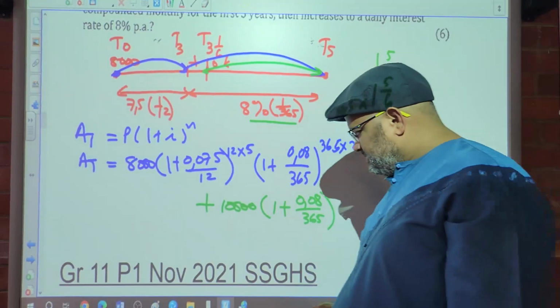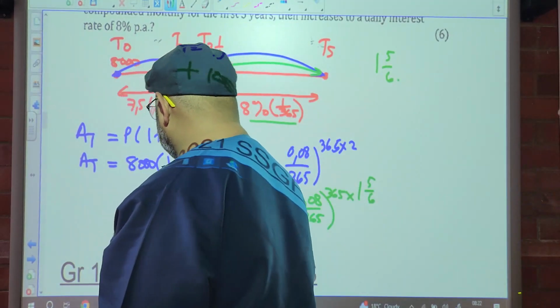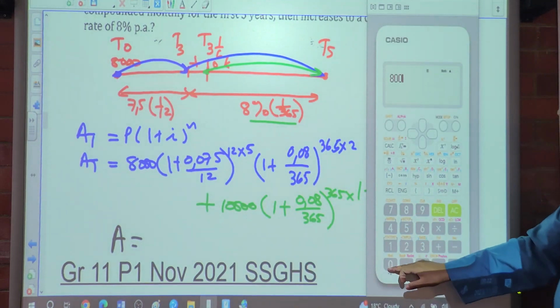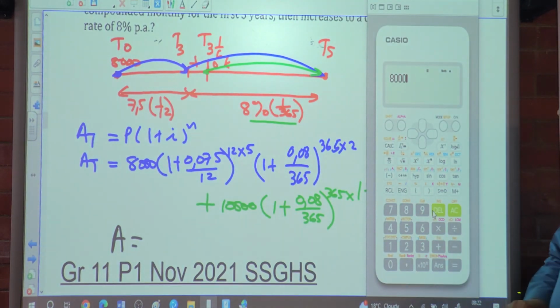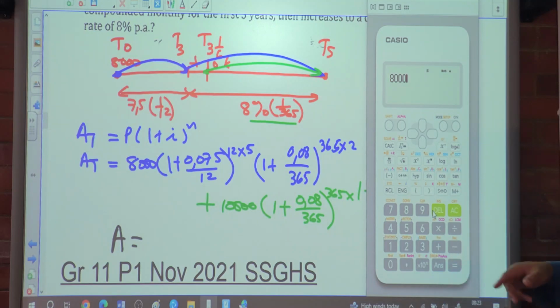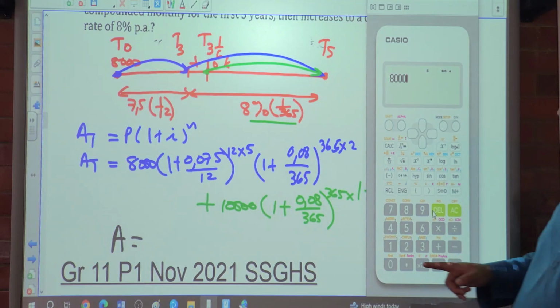Okay. So from here, we just do the substitution into the calculator. We punch it in the calculator, so it's 8,000. Yes? 12 times 5, it's supposed to be 12 times 3. Yeah, I think in the memo I worked it out in parts. Okay, just check if my answer is correct, otherwise I need to check.